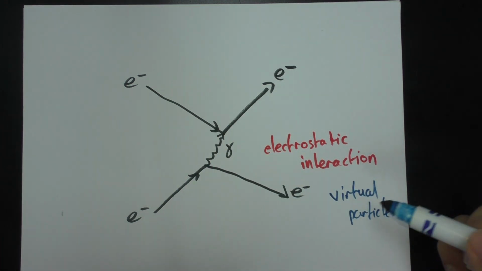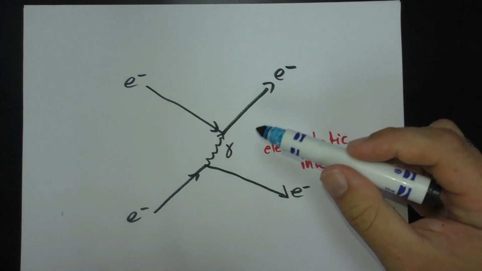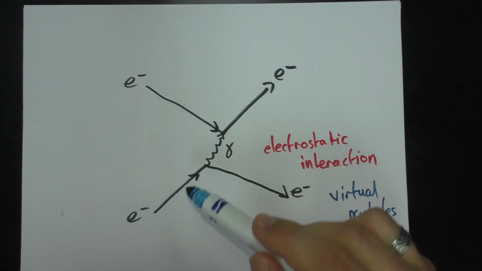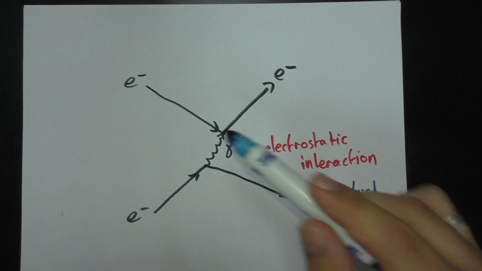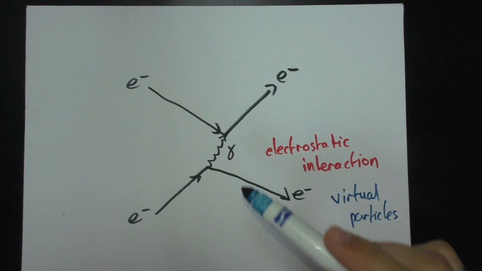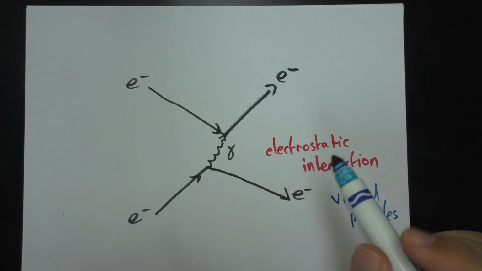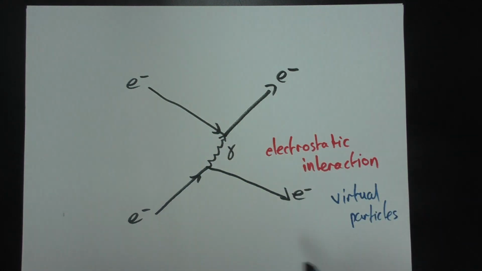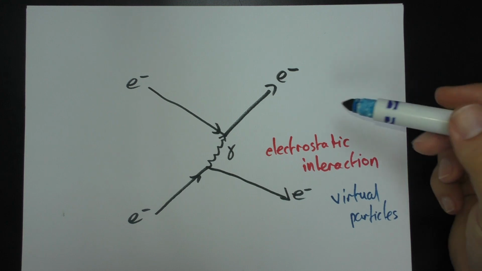No, we don't see that happening, but we are saying that there must be an exchange here of something in order to cause this electrostatic repulsion. Again, please bear in mind that this is kind of a spatial arrangement, but we are not using it to represent that intrinsically, okay? It is just an indication of what interaction is going on in time, okay?